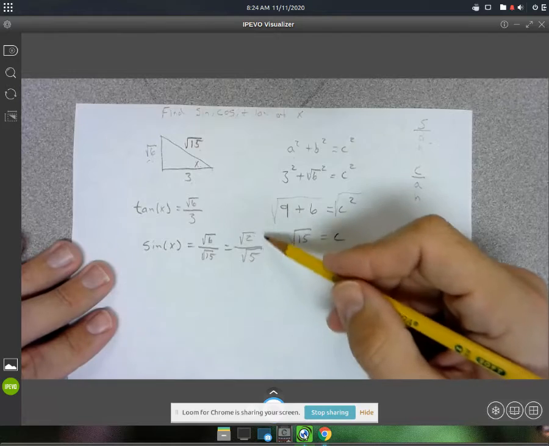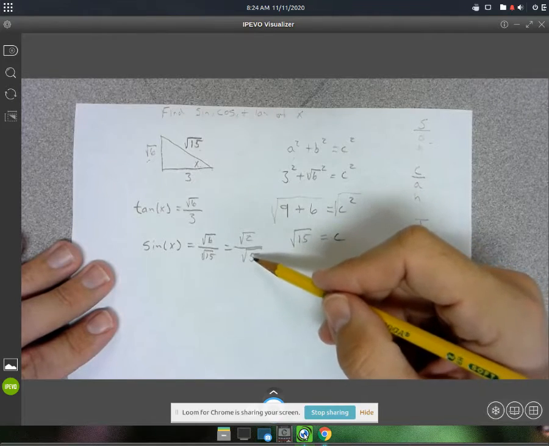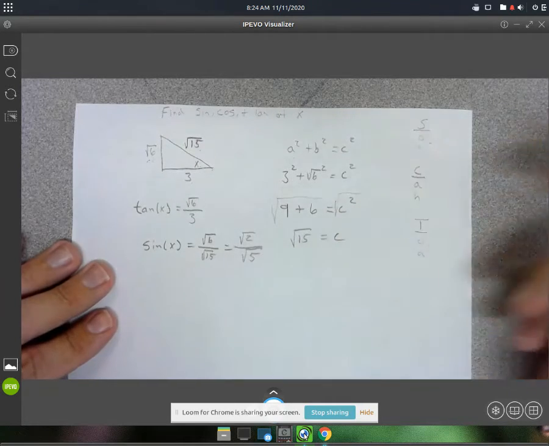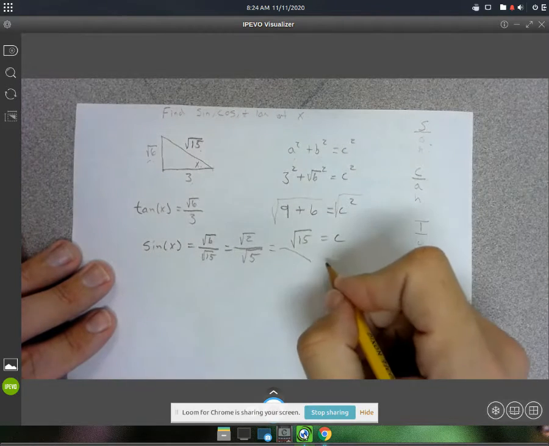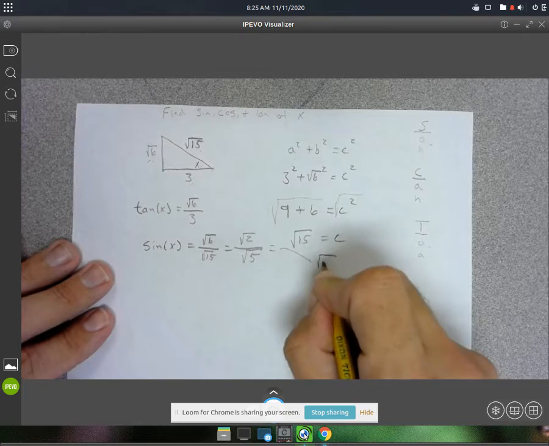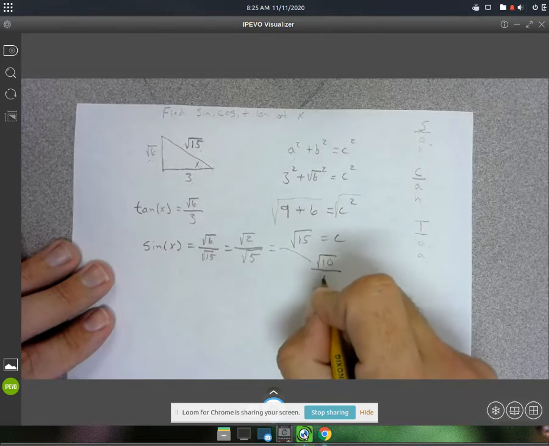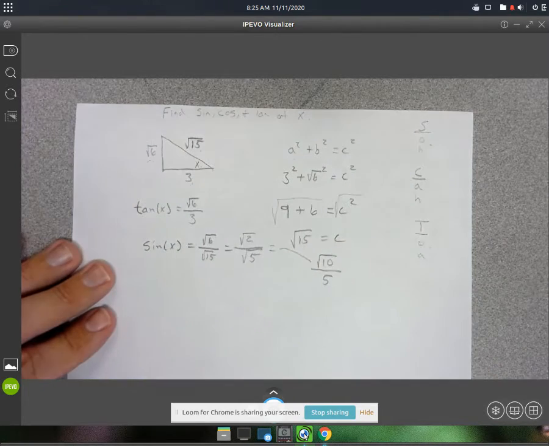If you wanted to rationalize the denominator here, because you have a square root, you could. I'm not too worried about it. If you were to rationalize it, that would give you square root of 10 over 5. Either one of these answers is okay to me right now.